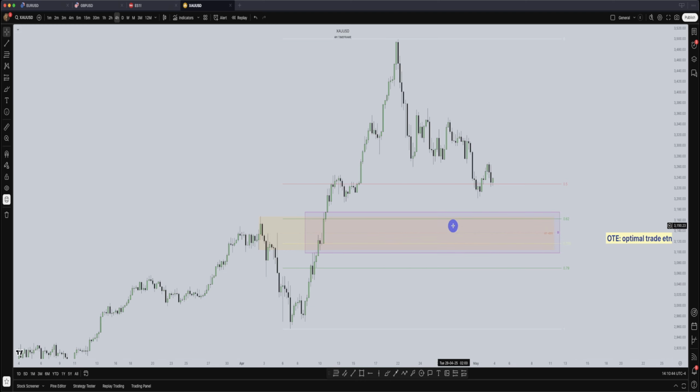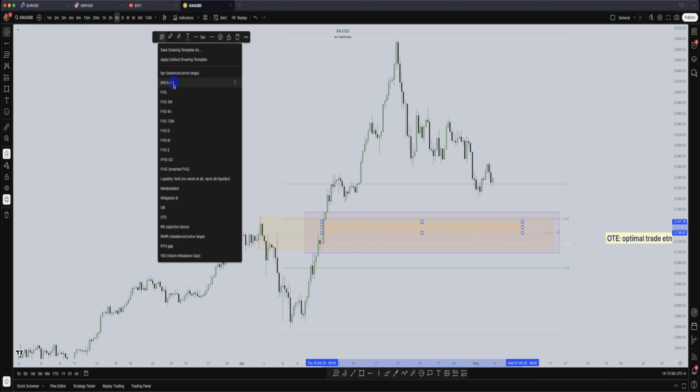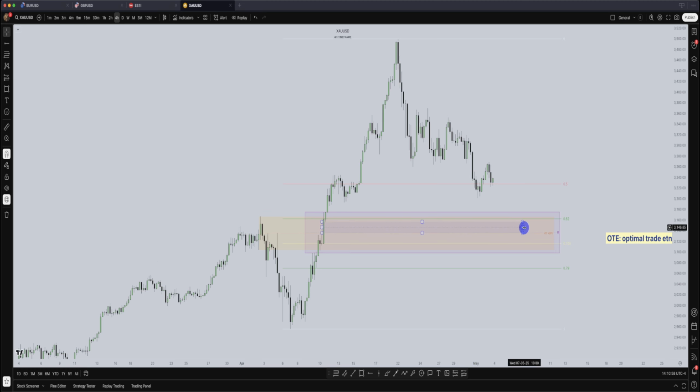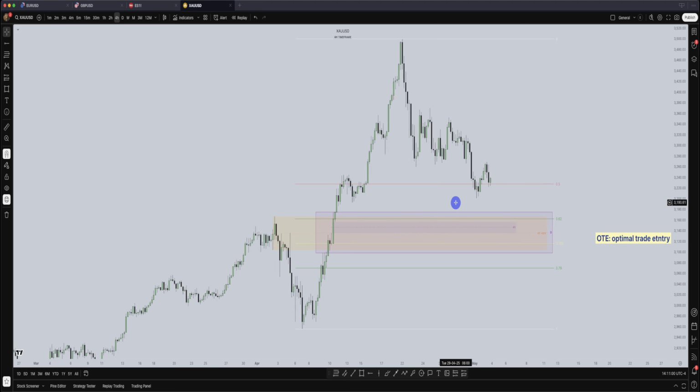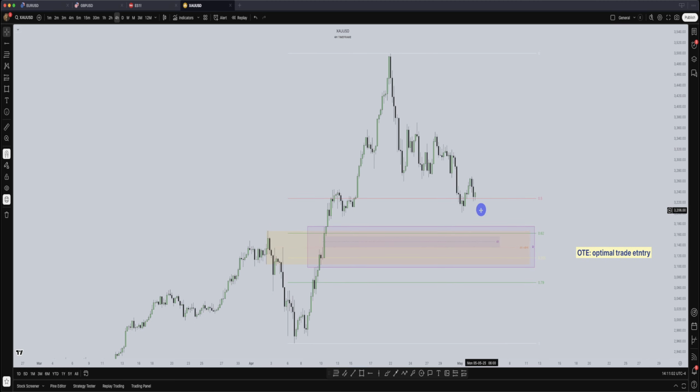Okay, and also we have a 4-hour fair value gap. Right, so keep in mind that it's very important to have these areas in your charts. I will take off the Fibonacci.